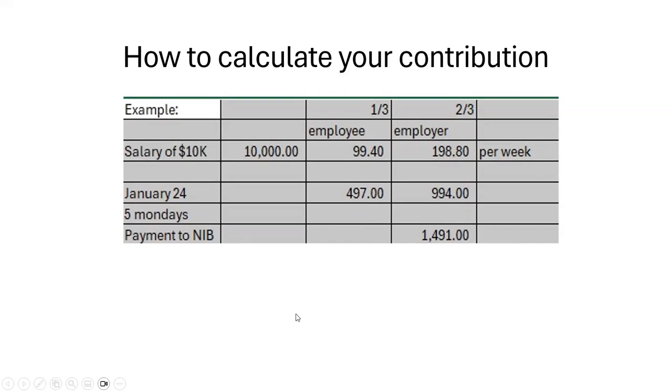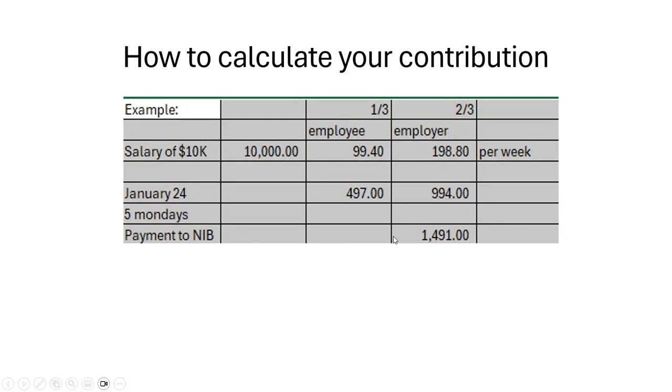So if you get a pen and paper, draw your lines, set it up exactly how you see it here. Go to your calendar, count the amount of Mondays in the month, and then look back at the table, see where your salary falls, which bracket it falls under. You take that figure, you take the employer figure, and then you multiply each figure by 5.